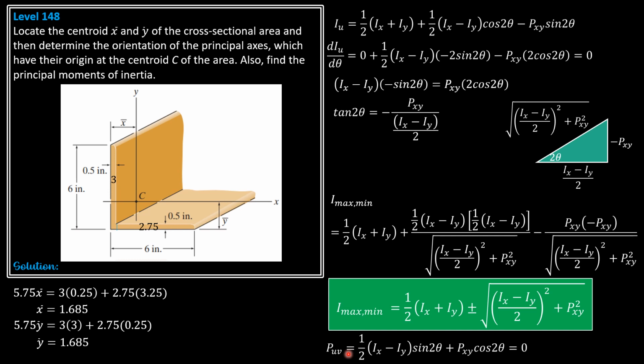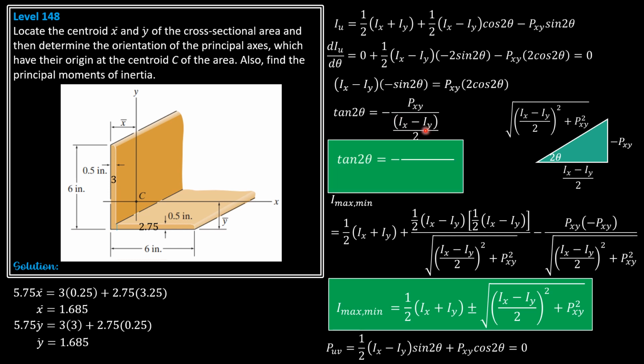So that means the principal axis is an axis of symmetry. The formula for the principal directions is tangent 2 theta equals negative Pxy over the quantity Ix minus Iy all over 2. You have to remember this for the maximum and minimum moments of inertia of area.